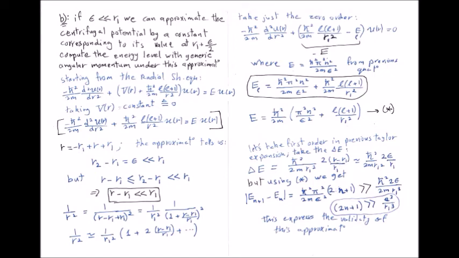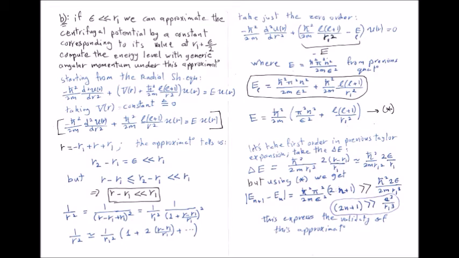So I can get this equation, where there is a constant, minus h bar squared over 2m, the second derivative with respect to r of u(r), plus some new constant multiplied by u(r). This constant, I can call it minus E, or just put it in the second part of the equation and it will be E. This is very similar to the equation in the first part of the problem.